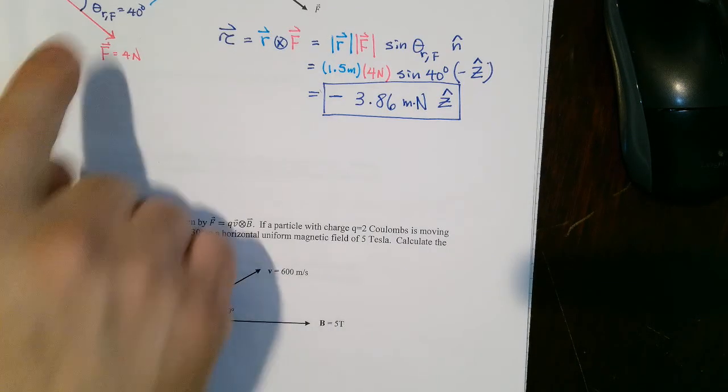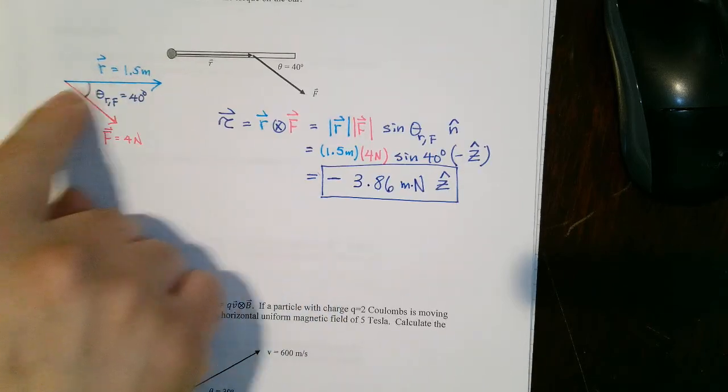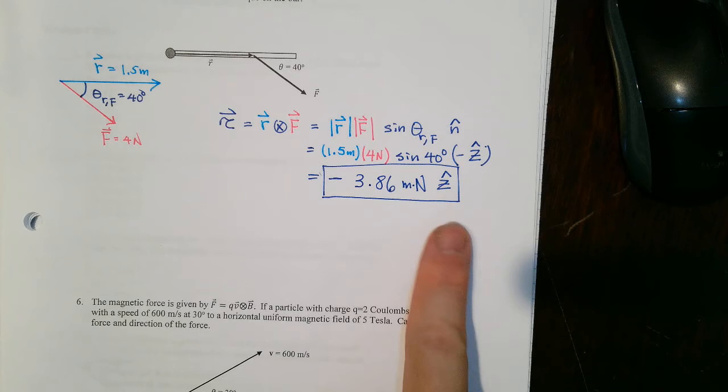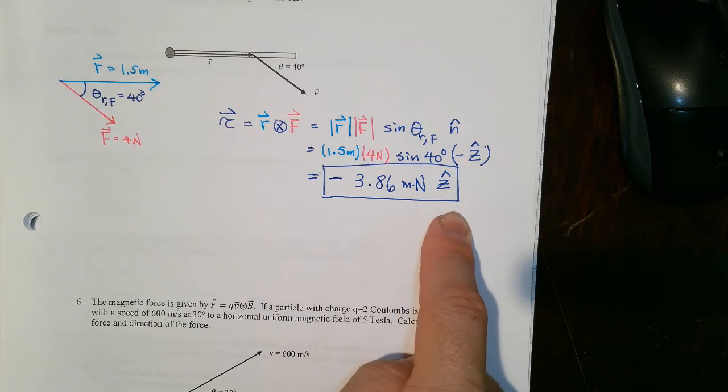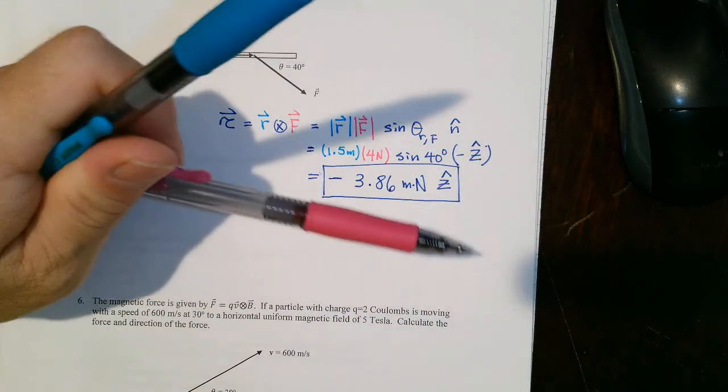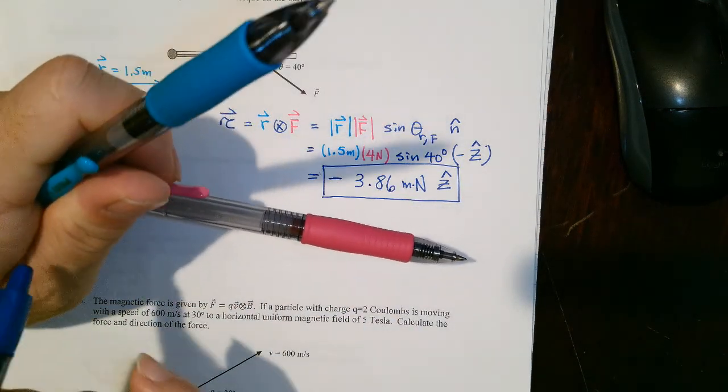So this again is in the xy plane, so you will automatically get a z hat, whether it's positive z hat or negative z hat, as your result of crossing those two. But when they're out in space, you're going to have to put that in the Cartesian form.